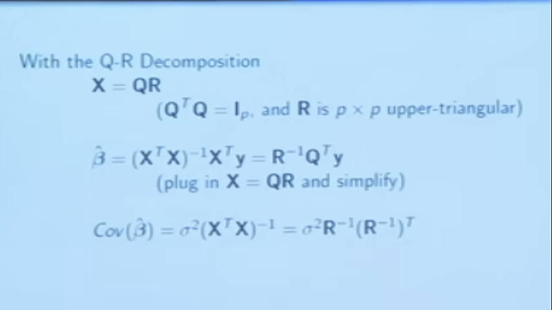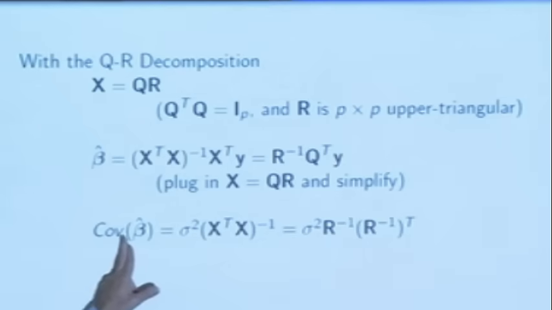The covariance of a matrix times a random vector is that matrix times the covariance of the vector times the transpose of the matrix. So if you take a matrix transformation of a random vector, then the covariance of that transformation has that form. So that's where this covariance matrix is coming into play.